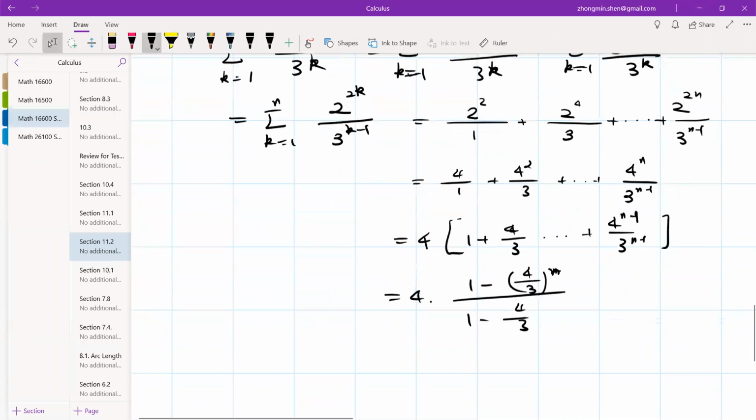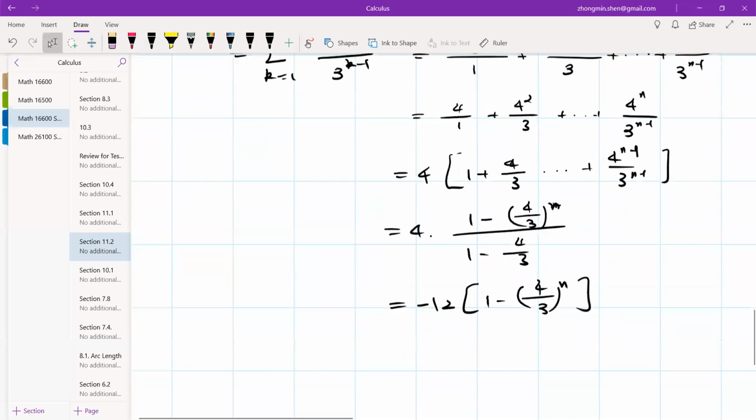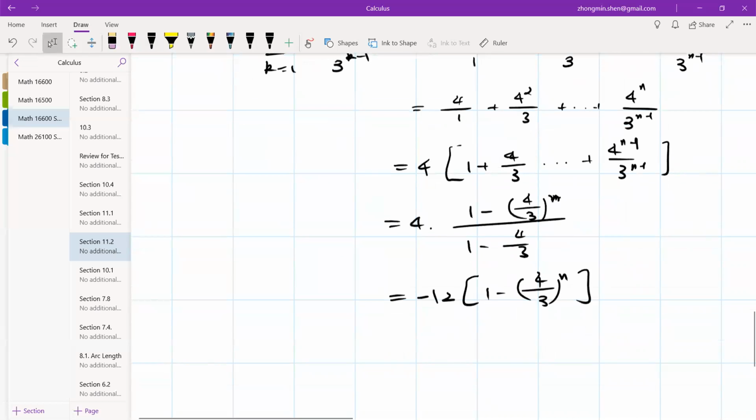If you simplify, the denominator becomes negative 1/3. So you can put the negative 12, times 1 minus 4 over 3 to the n. Now clearly, this is negative 12 plus 12 times 4 over 3 to the nth power. And 4 over 3 is getting larger and larger, so this goes to infinity as n goes to infinity.